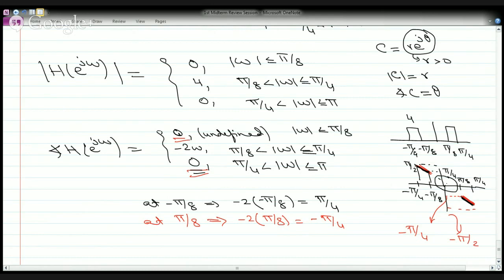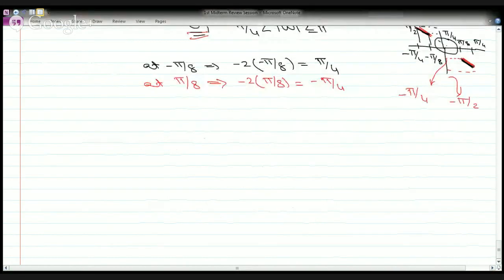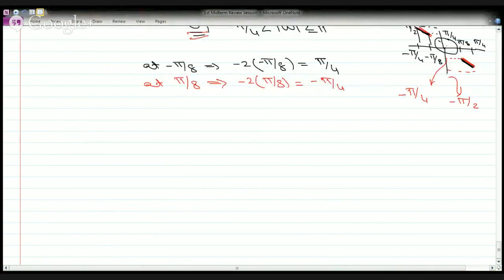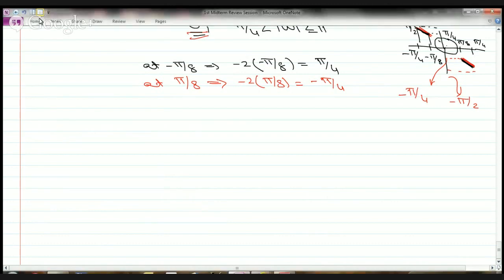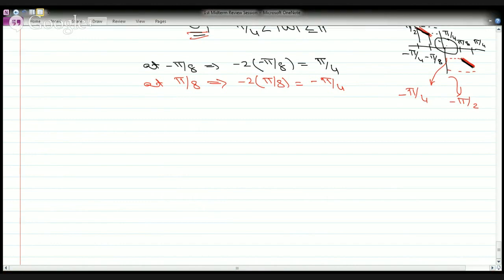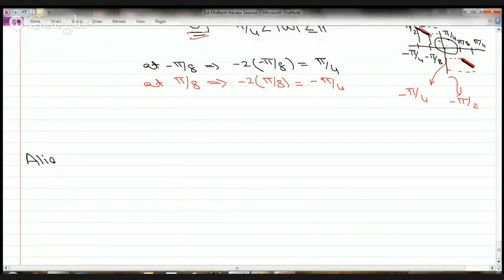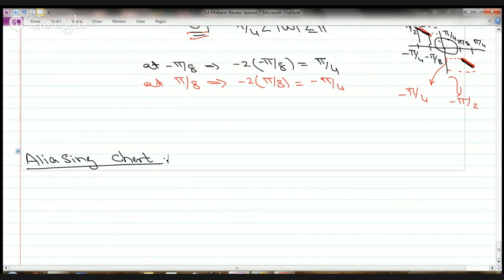Okay, so let me first answer the question of explaining the aliasing chart one more time. So let's go to the aliasing chart. Okay, so what is the aliasing chart? The aliasing chart is talking about how continuous time frequencies map.